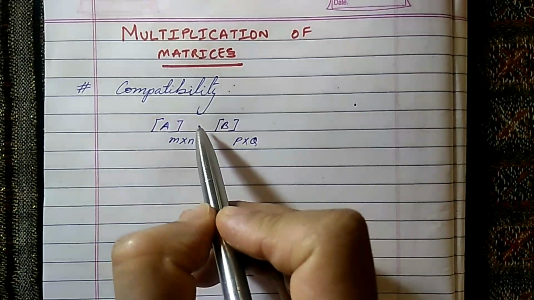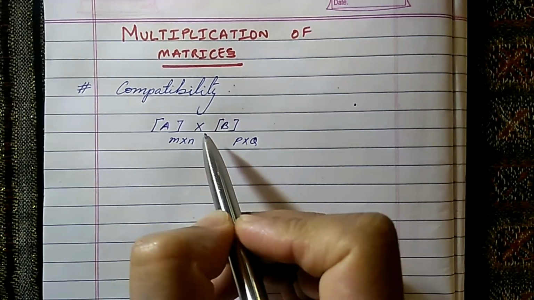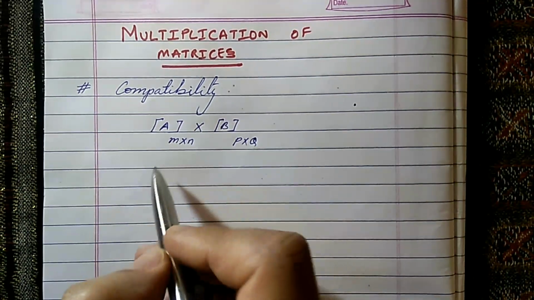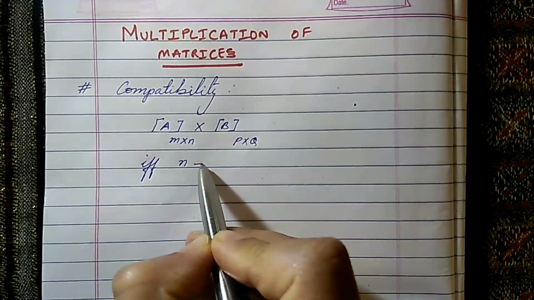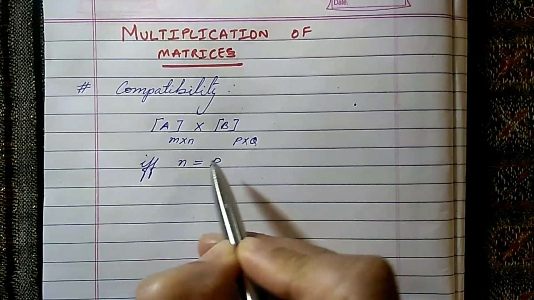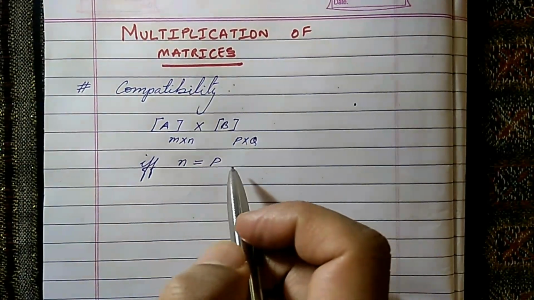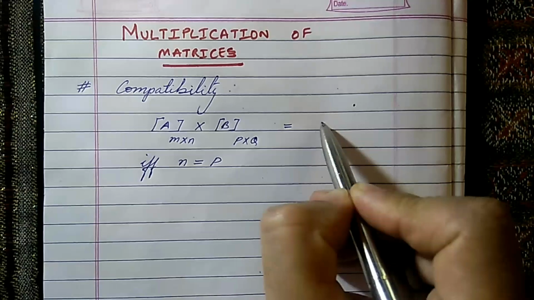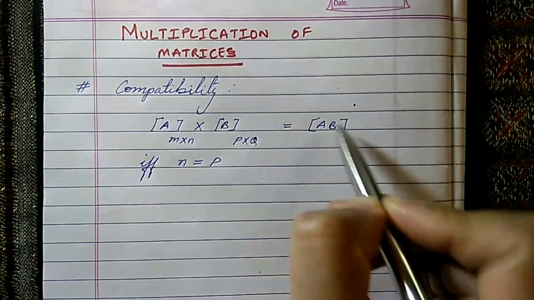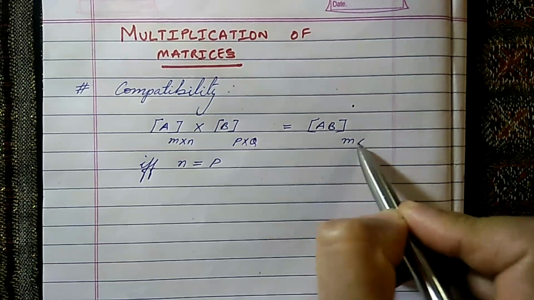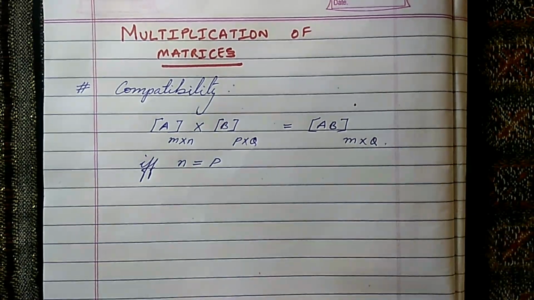Now these two matrices A and B can be multiplied if and only if n is equal to p, and the resultant matrix that will be obtained will be of the order m by q.